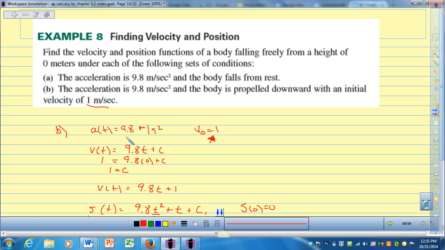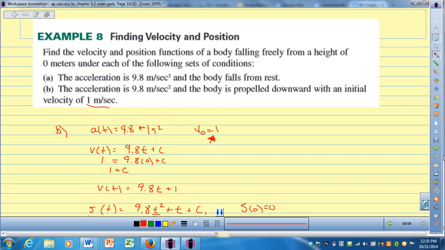So again, I say, what did I start with if when I took the derivative I ended up with 9.8? So I must have started with 9.8t plus some constant. Now when I solve for the constant, I'll put 1 in for velocity and 0 in for time and solve for c. And this time our constant comes out to be 1. So our velocity function is 9.8t plus 1.